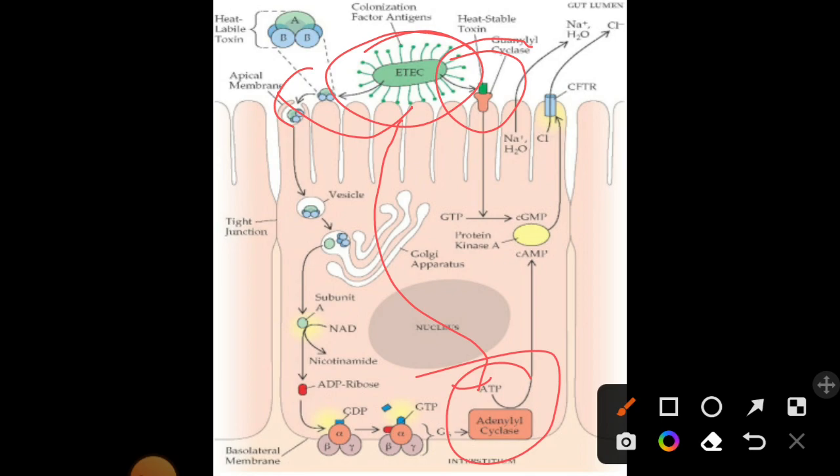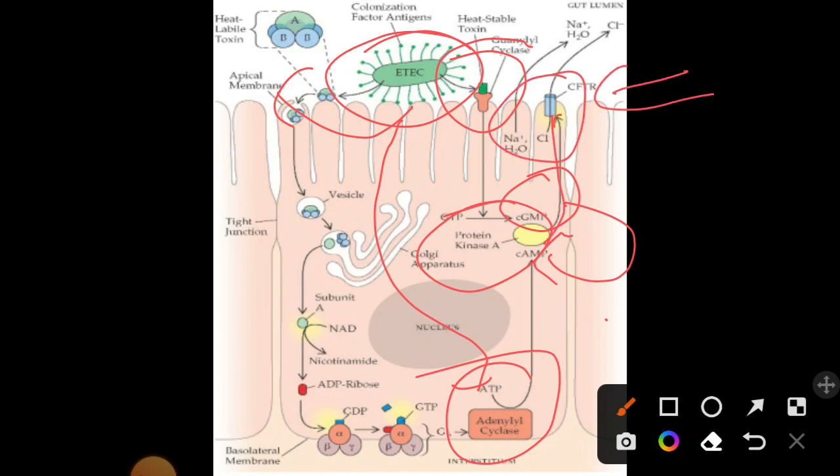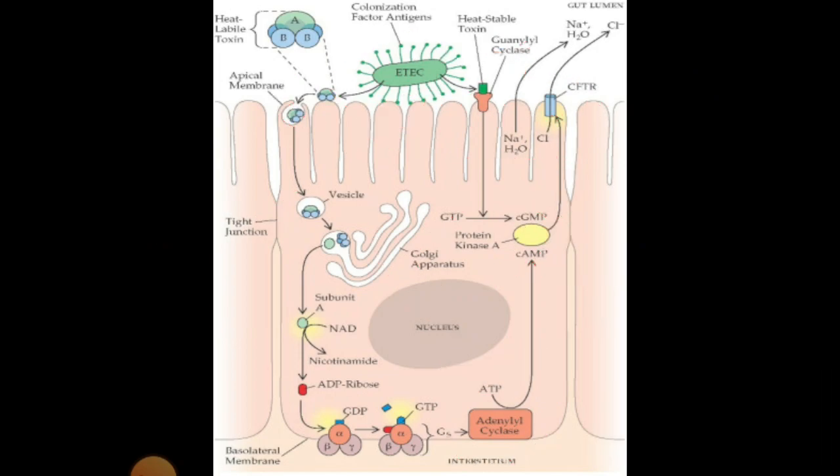And this cyclic GMP will keep protein kinase A activated for a longer time, and as a result it will in turn open the CFTR channel for a longer time, which ultimately causes the loss of too much amount of water and chloride ion. Okay, and that is how watery diarrhea is occurring via the ETEC pathogen. Okay, so I hope you have understood the entire concept very well.